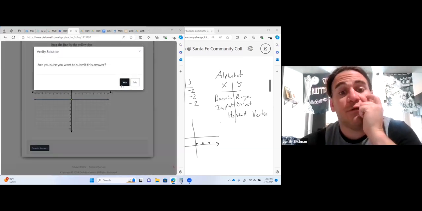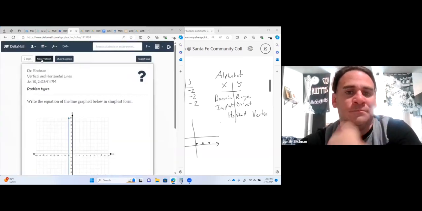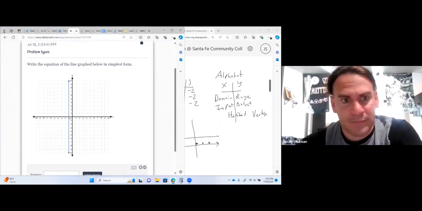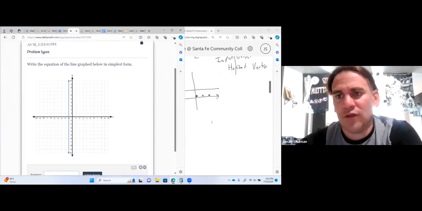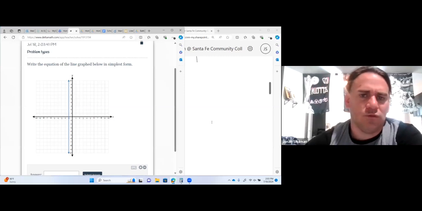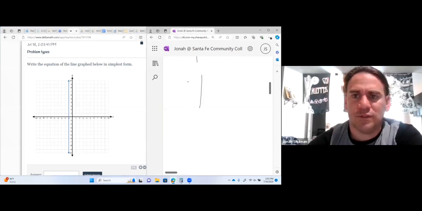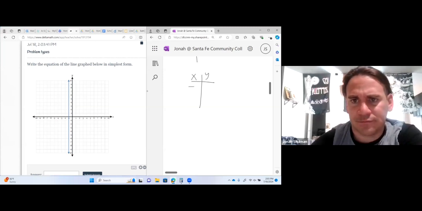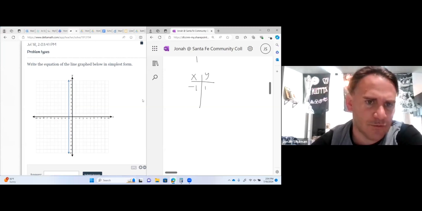I'm sure they'll give me a vertical one next. Oh, now it gets right. It's vertical. And if you want to go the other way, so we know it's going to be x equals 2, but we can just plot some points. The first point is -1, 1. The next point is -1, 2.